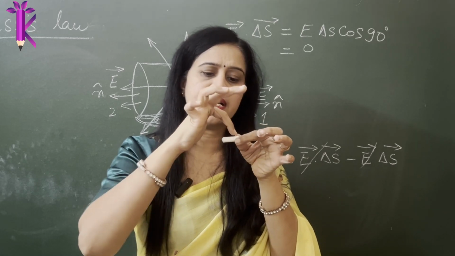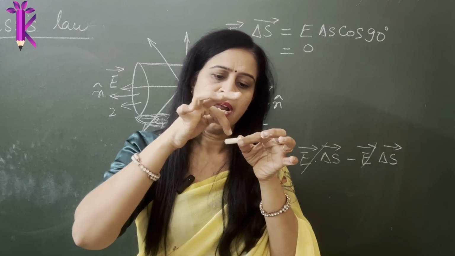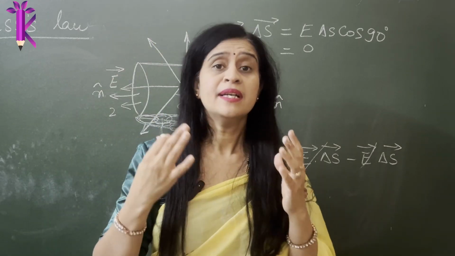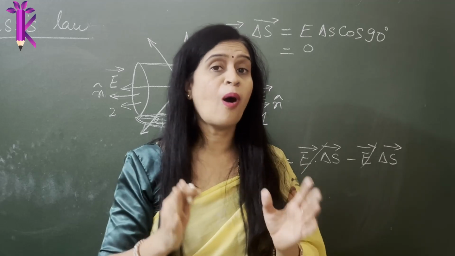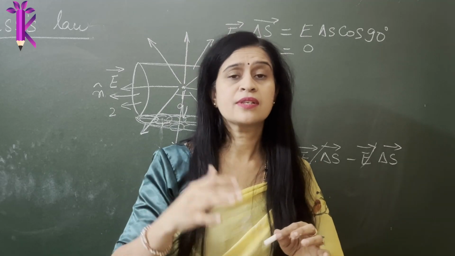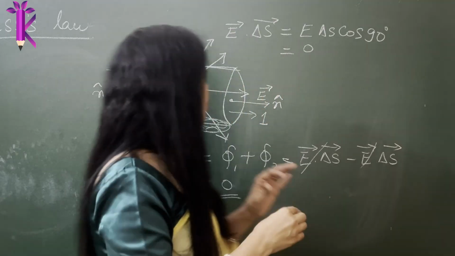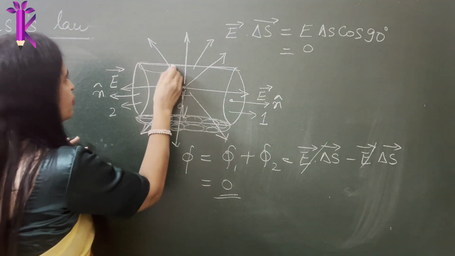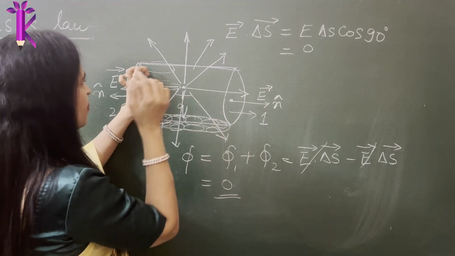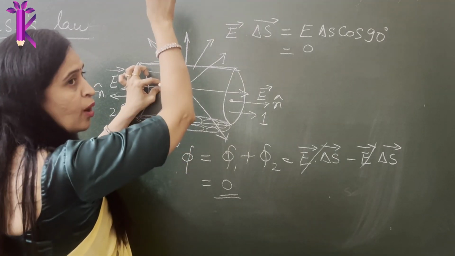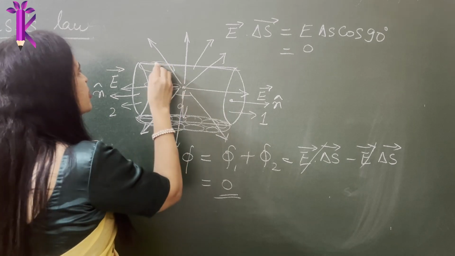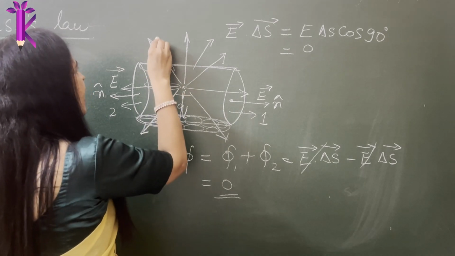If I take an area vector on top here, it will be aligned with the electric field. So there will definitely be some points where you can calculate some flux, though not for all area elements. The electric field is pointing radially outward. In some directions they might be perpendicular, and in others they might be parallel to each other.